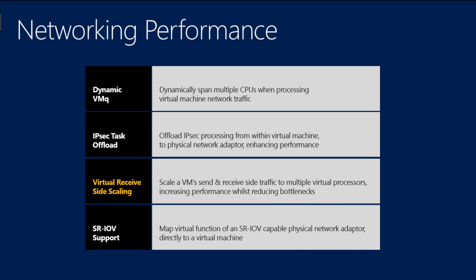But here's a big one. We introduced SR-IOV in 2012 as a way of presenting a physical representation of a network adapter through to a VM for higher performance, higher bandwidth, lower latency, lower CPU utilization. VMware did the same in 5.1.